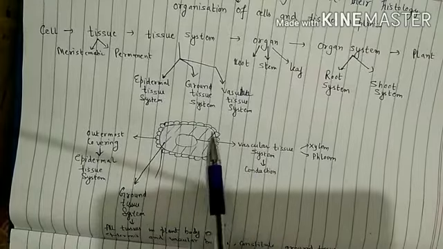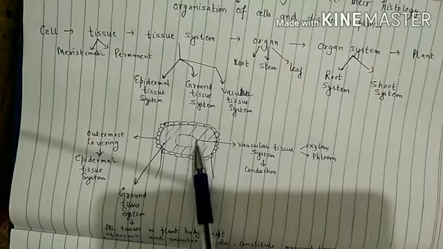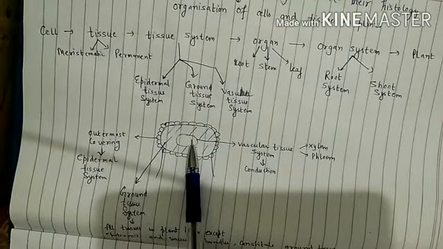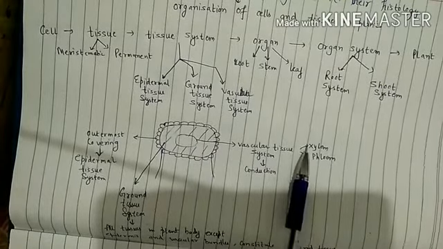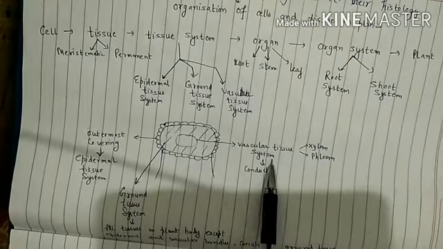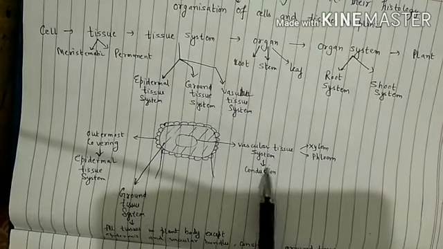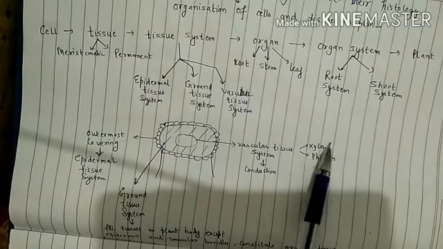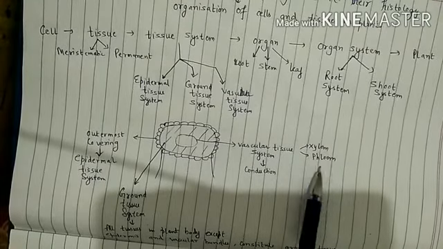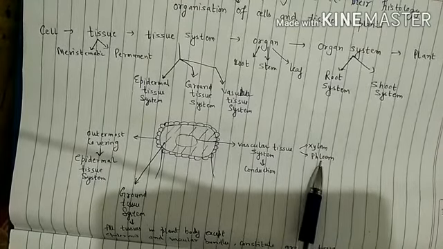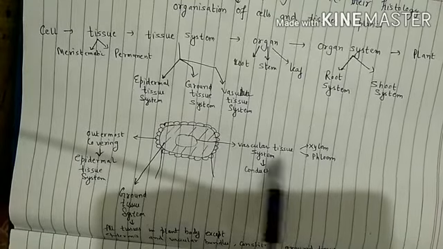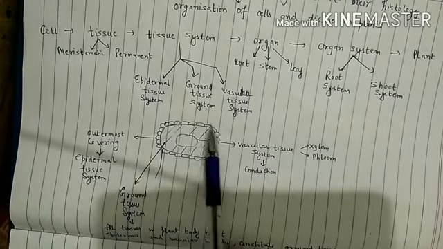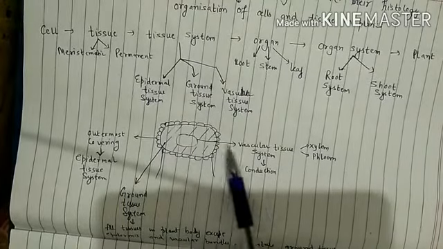Then inside this there is a vascular tissue system. The vascular tissue system is a conducting tissue system, means it consists of xylem and phloem. The role of xylem is to transport water and the role of phloem is to transport the food in the plant body. So epidermal tissue system forms the outermost layer in the plant.